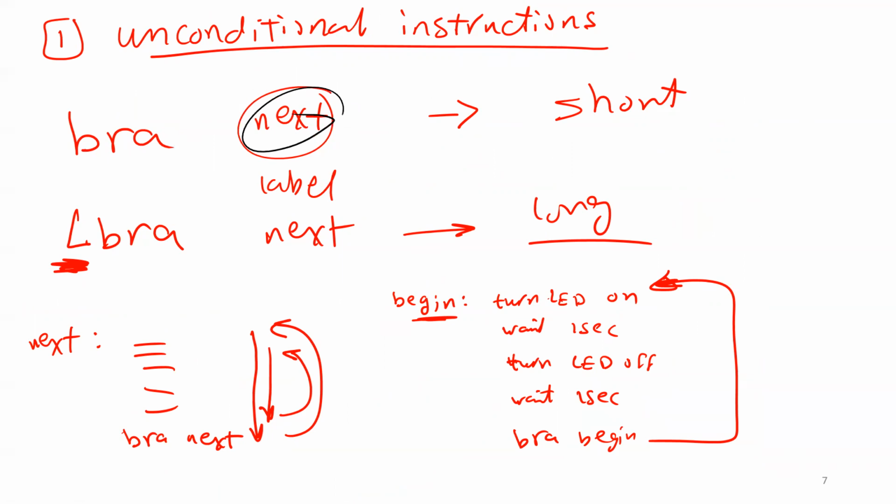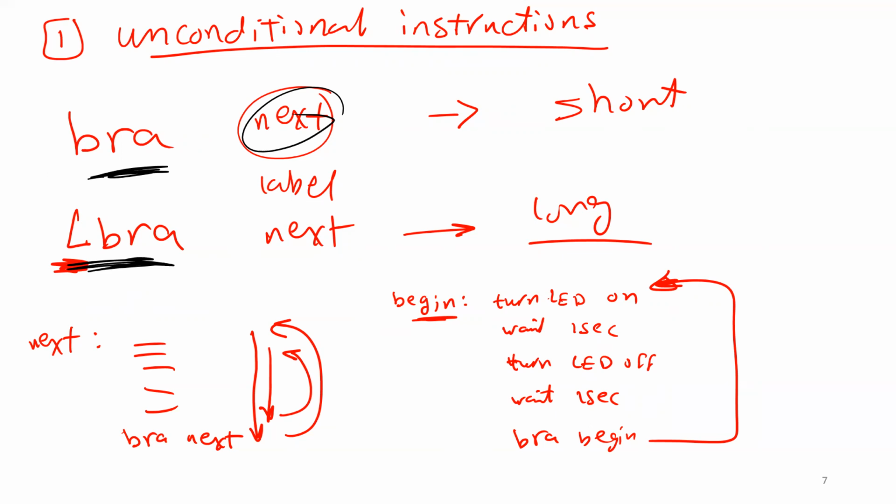This instruction actually comes with two versions: one without the letter L and one with the letter L. The one with L is long, and the one without L is short. That's all we have. Very easy.